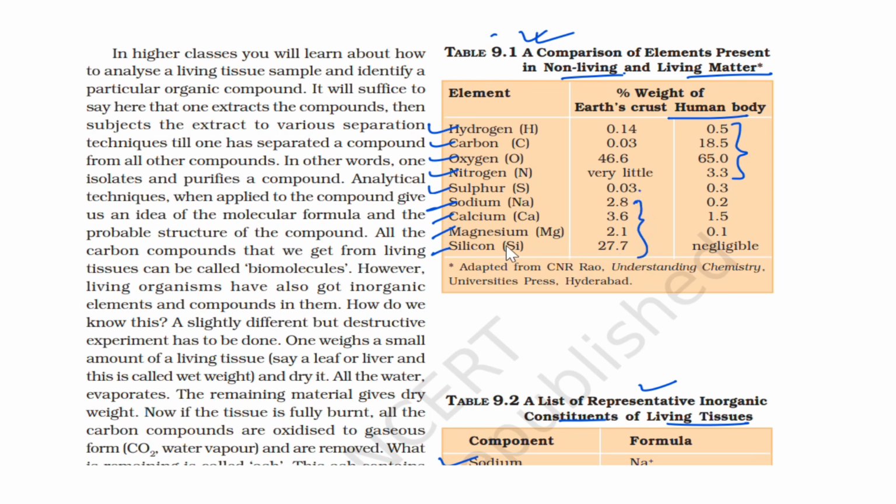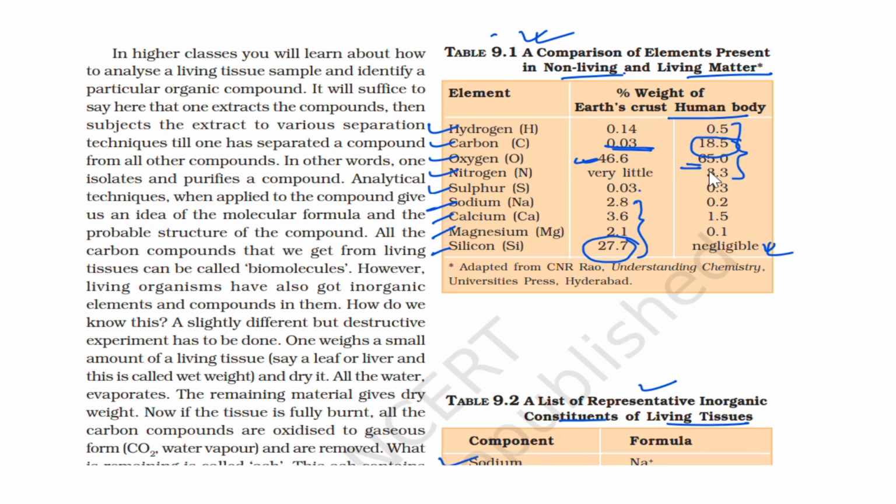Another thing is that silicon is present in earth crust, whereas it is present in the human body in negligible amount. Carbon amount is very high in case of human body, which is almost absent in earth crust. Oxygen amount is maximum in human body as well as in earth crust.